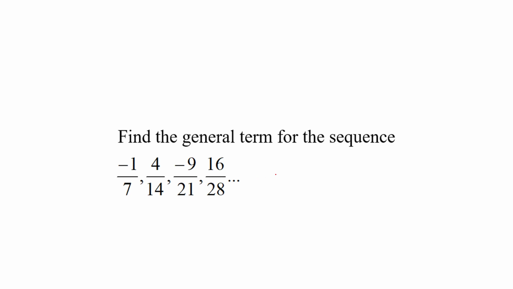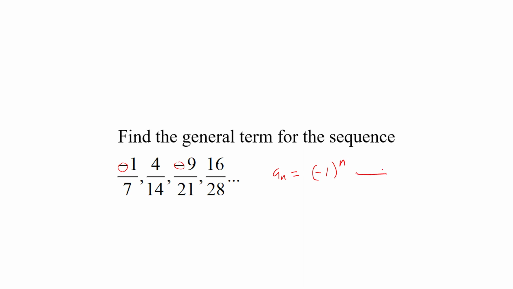Again, pattern recognition. And what we want to do is just look at it one piece at a time. We have this negative, positive, negative, positive. So again, we get that from a factor of -1 to the n, or to the n plus 1. Since we want to start negative, when n is 1, we want it negative, so we want it odd, so we leave it alone, n.